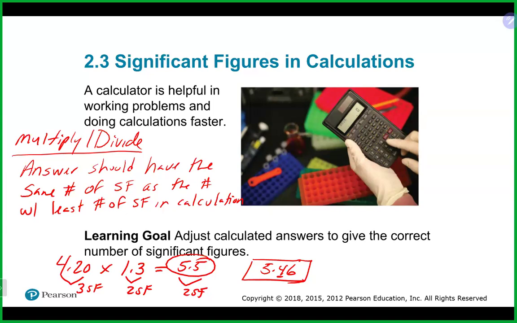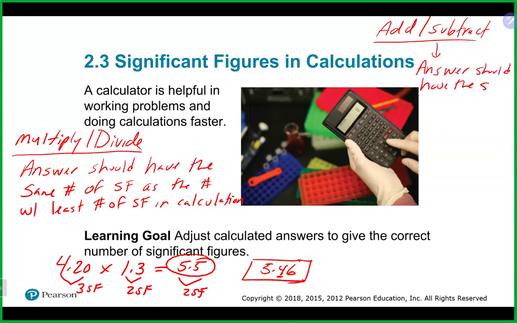The other sort of combination of stuff that we do is a little adding and subtracting. So if we add or subtract, your answer should have the same number of decimal places as the number with the least number of decimal places.